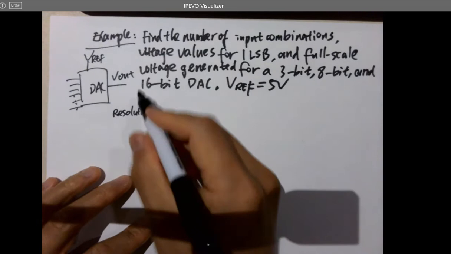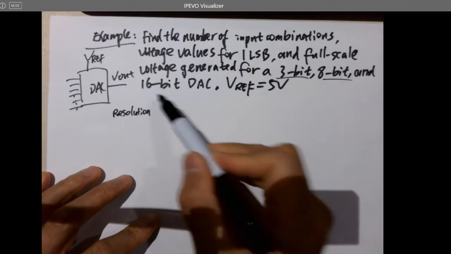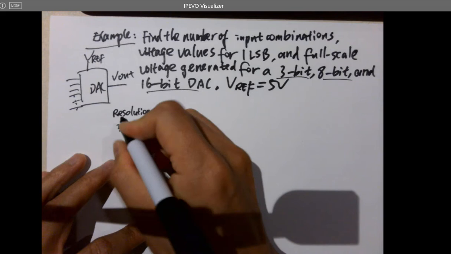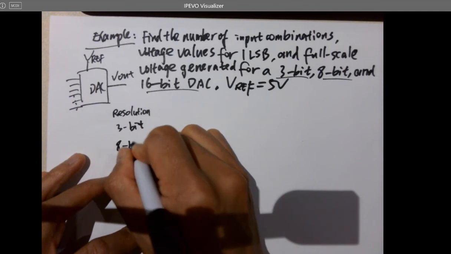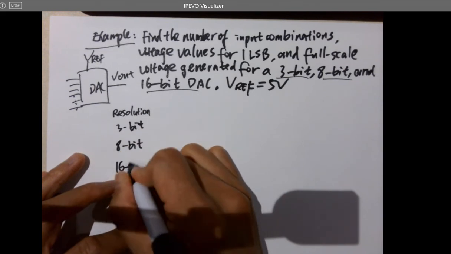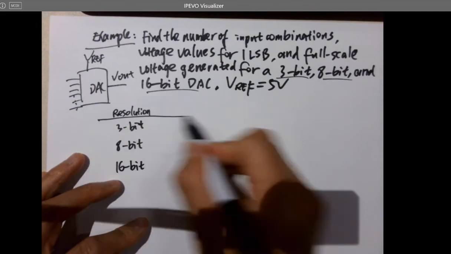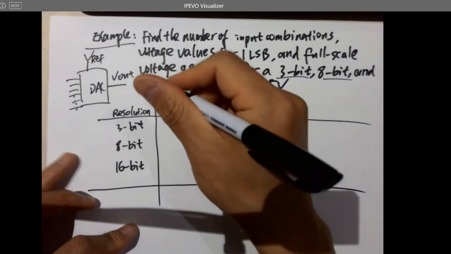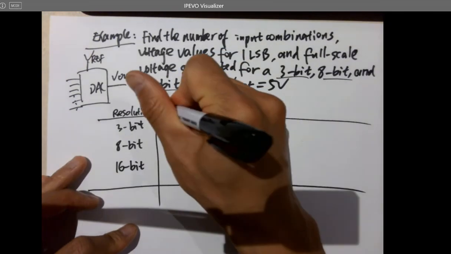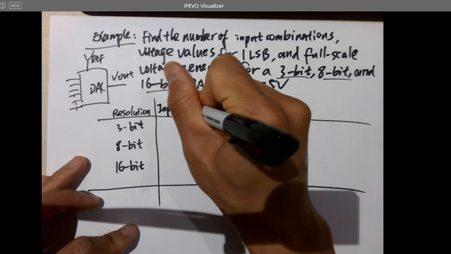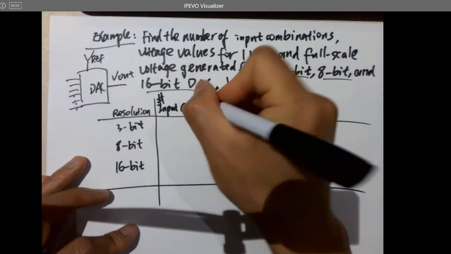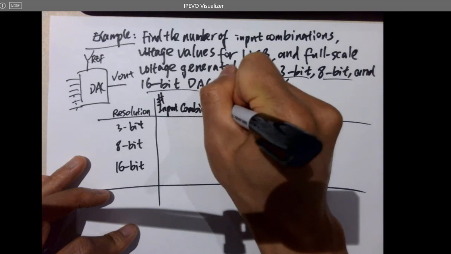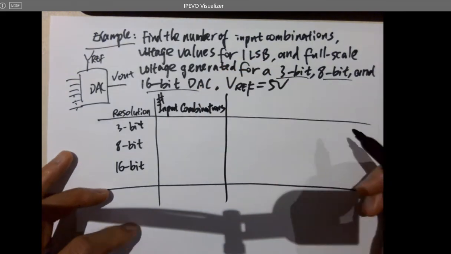So the resolution for these three types of DACs are 3-bit, 8-bit, and 16-bit. That's a table, the 3 entries. And input combinations, the number of input combinations. How many?